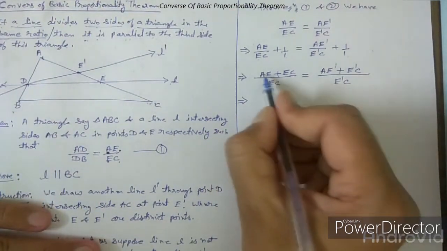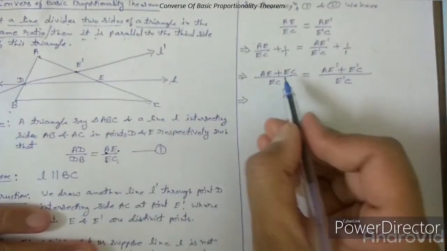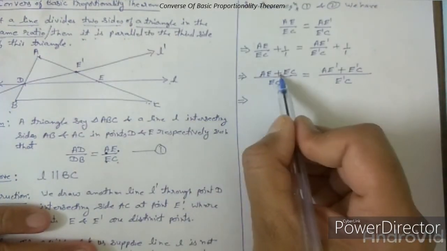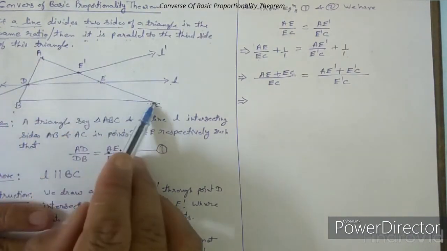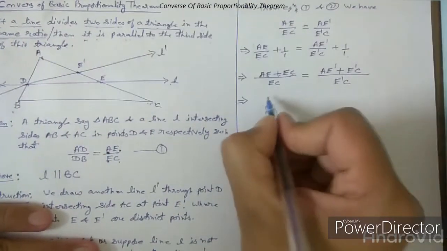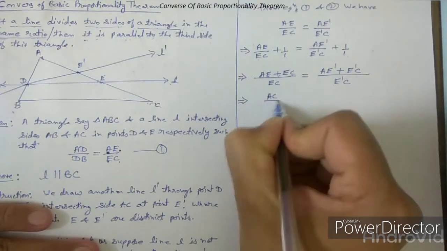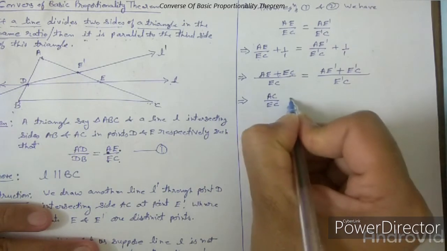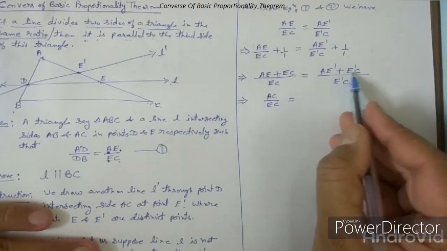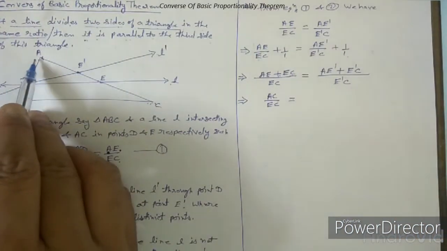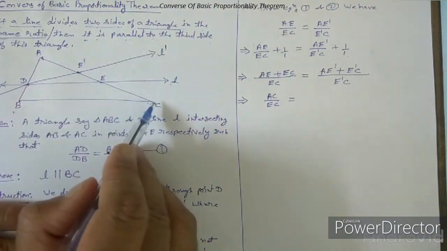Now we add numerators of both the sides using the figure. In left hand side, AE plus EC. Look into the figure. AE plus EC, it is AC. So in left hand side we will have AC over EC is equal to, in right hand side, AE dash plus E dash C. See in the figure, AE dash plus E dash C, it is AC.